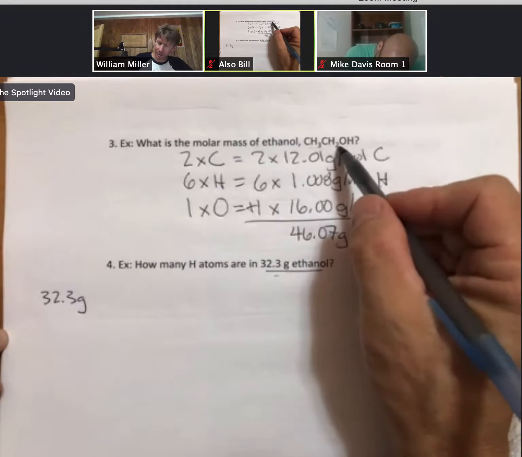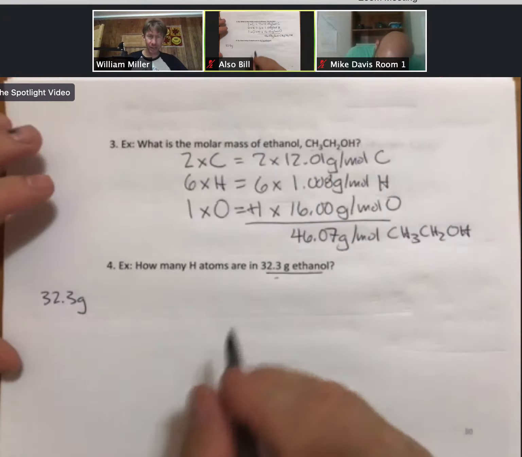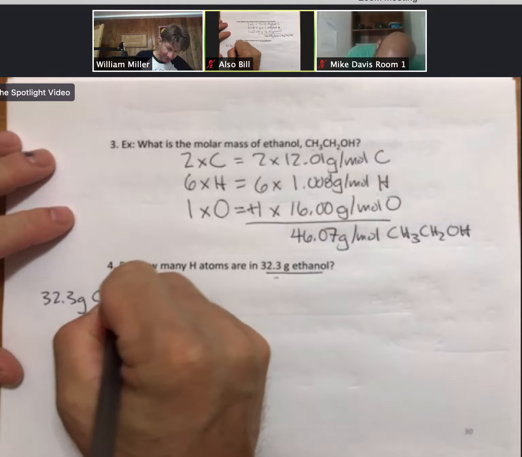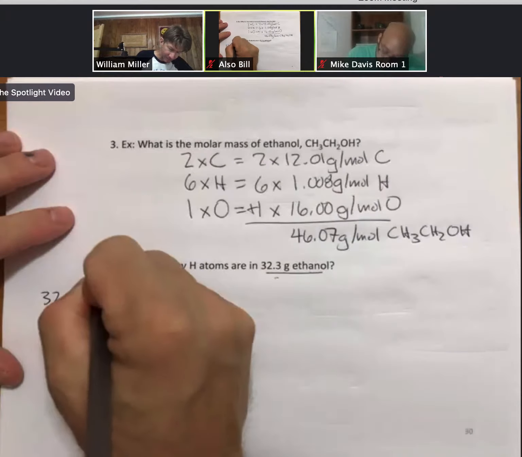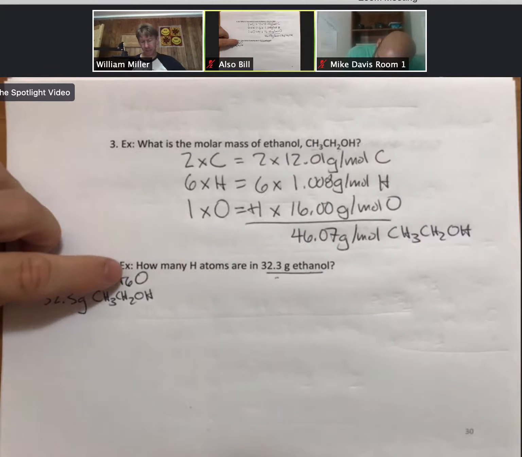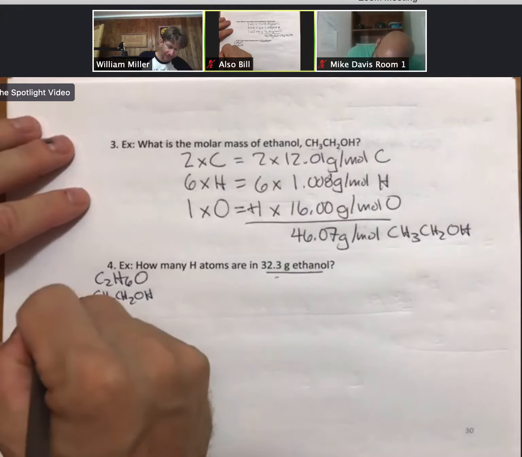You can write the formula, you can write the name. You just need something to designate what it is. I'm going to write CH3CH2OH. You could also write C2H6O, just something that designates what the formula is.